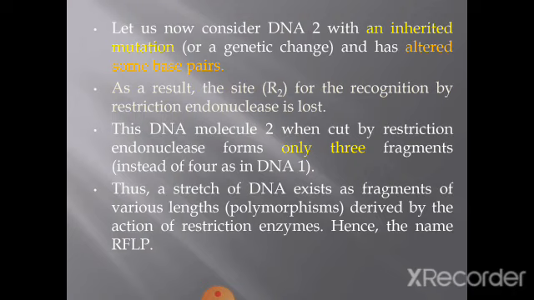Therefore, when it is cut by restriction endonuclease, you get only 3 fragments instead of 4 as you see in DNA molecule 1. This is what happens in RFLP, and this is how analysis is done. When you look at DNA 1 and DNA 2, you can say that in DNA molecule 2 there is some inherited mutation. As a result, restriction site 2 is lost.